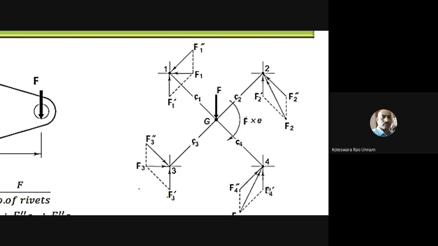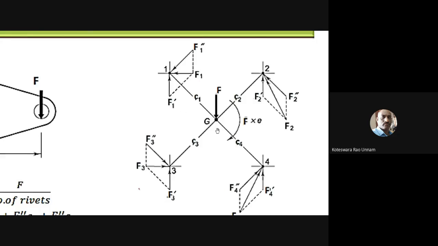Now, two forces are acting at some inclination. So here, this inclination I can easily calculate, provided I know this dimension, the center distance to this point, and these dimensions, if the riveting dimensions are given. If I know this angle, since two forces are acting here at some angle, I can find out their resultant force also.